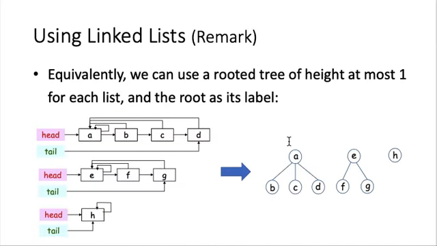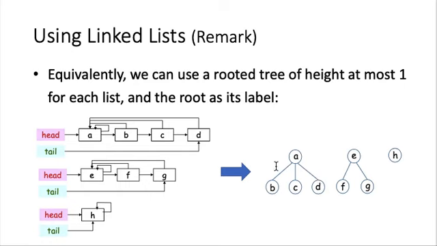Equivalently, we can view the linked list implementation as the following scenario. We can think of each list as a rooted tree of height at most 1, so that the root corresponds to the head pointer, the head item, and each of the other items is a child of the root.